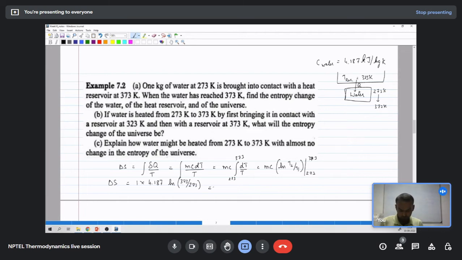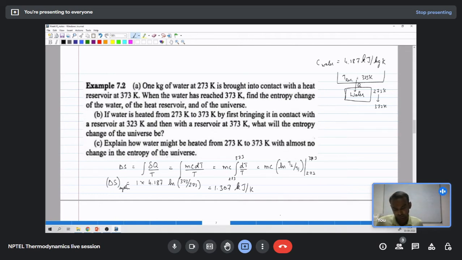So this is 1.307 kilojoule per Kelvin. Since we have multiplied with mass, we don't have kg in the denominator. So this delta S is for the system.